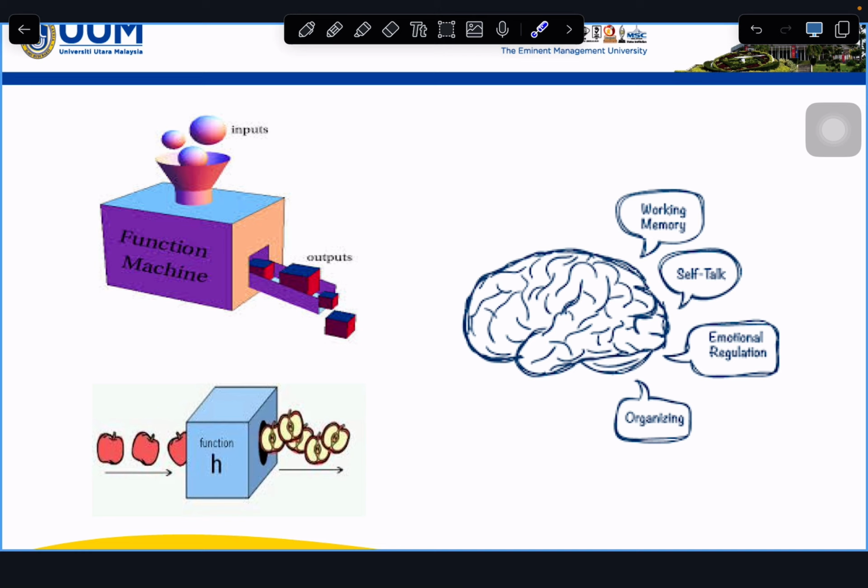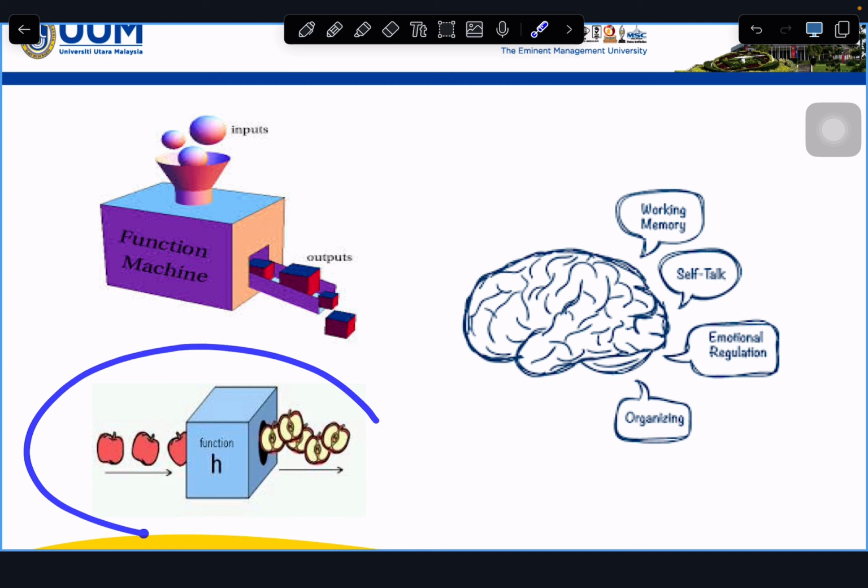Okay, we have a machine there. Input, output. So how do you read the first picture with the function there? If you put something in here, something happens inside the machine, and then we get something as output.